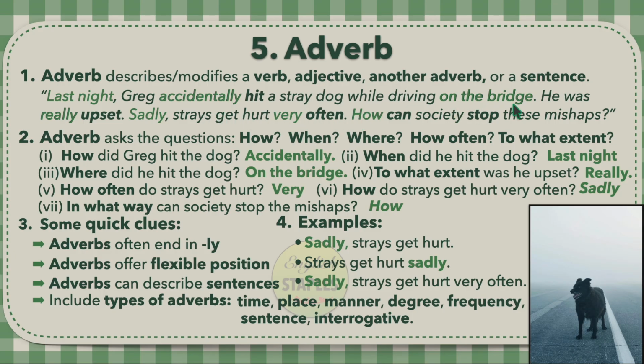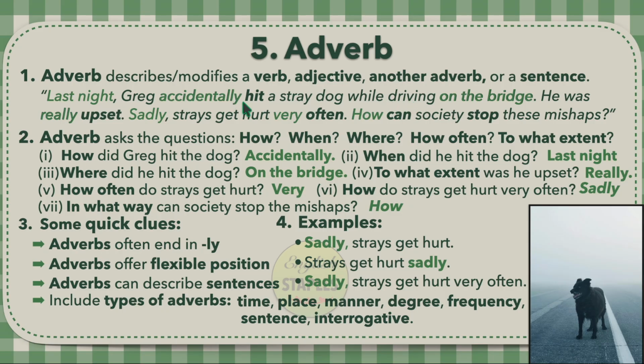On the bridge is in fact a prepositional phrase, but it is acting as an adverb and it is modifying driving, the verb driving. And you might say, but driving by itself is not a verb.